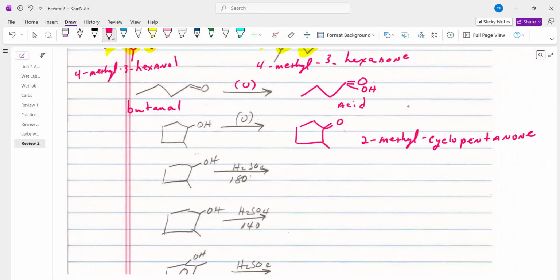Here we have secondary alcohols, acidic conditions, 2 temperatures. At the higher temperature, it's going to create an alkene, and we're going to get a mixture.